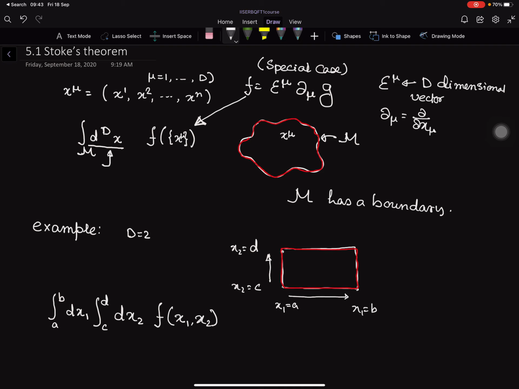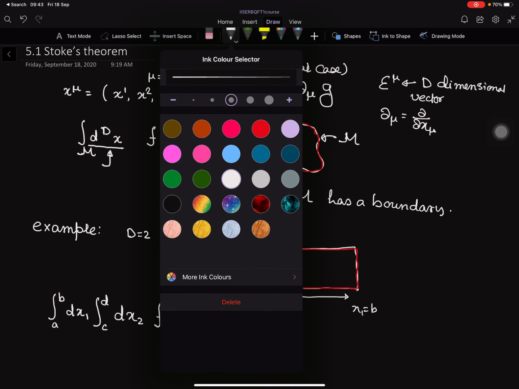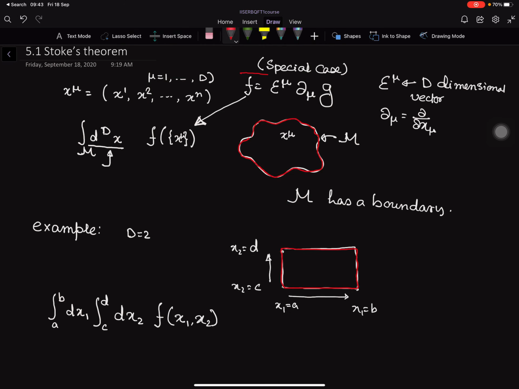And if f takes this special form, then that case is usually part of Stokes' theorem.